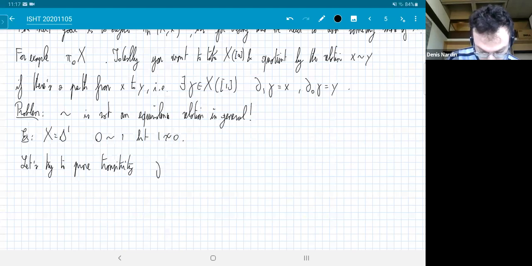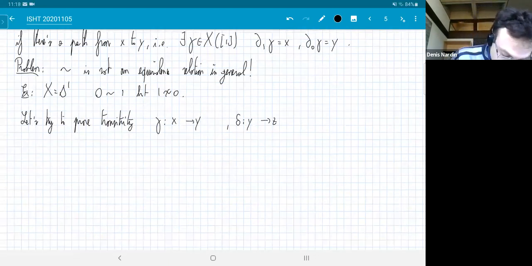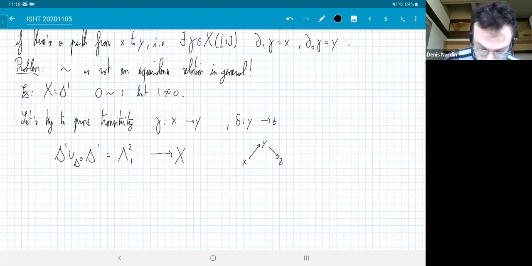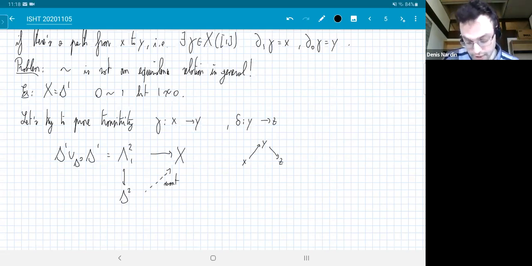So suppose you have gamma, a path going from X to Y, and delta, a path going from Y to Z. You can build it up into a map from delta 1 union delta 0 delta 1, which is this lambda 2 1 that I described before, to X. And we would really like to build something from X to Z. So what we would really like is to fill this to a 2-simplex that will tell us what the path is.